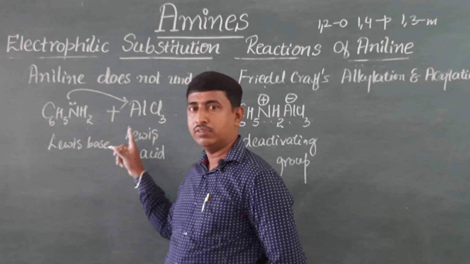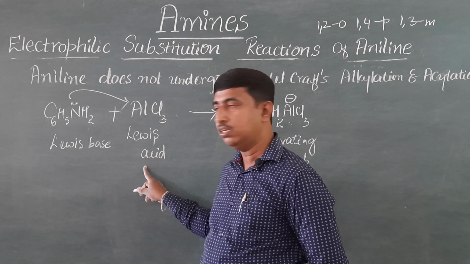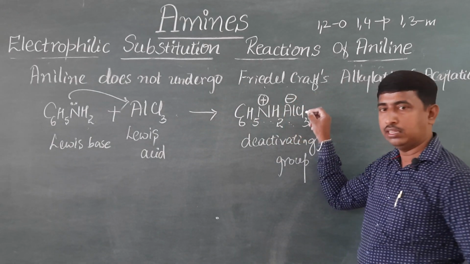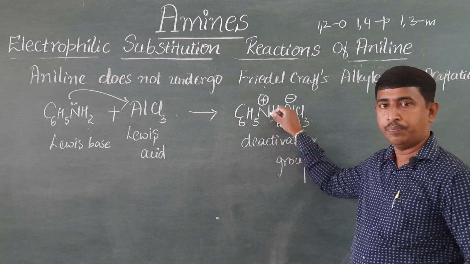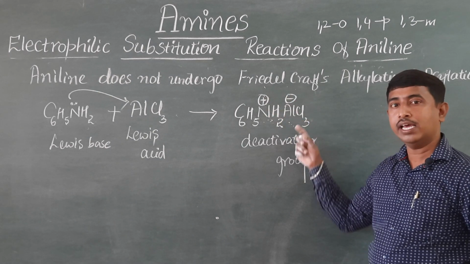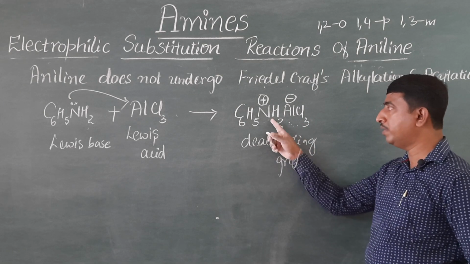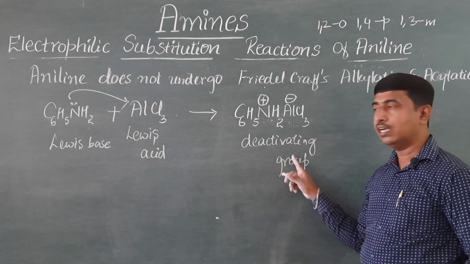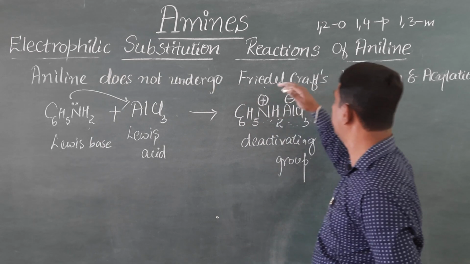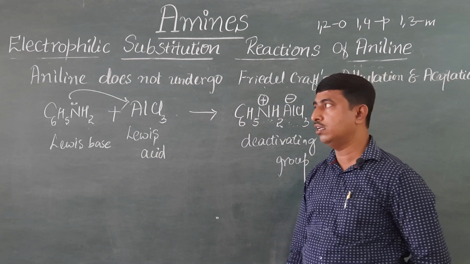Aluminium chloride, that is the catalyst used in Friedel-Crafts reaction, is a Lewis acid and readily reacts with the Lewis base, forming a salt. In that salt, nitrogen carries positive charge. If it carries positive charge, it becomes a meta-directing group. It cannot be an ortho-para directing group. So this is a meta-directing group, or a deactivating group. So this is the reason why aniline does not undergo Friedel-Crafts alkylation and Friedel-Crafts acetylation. Thank you.